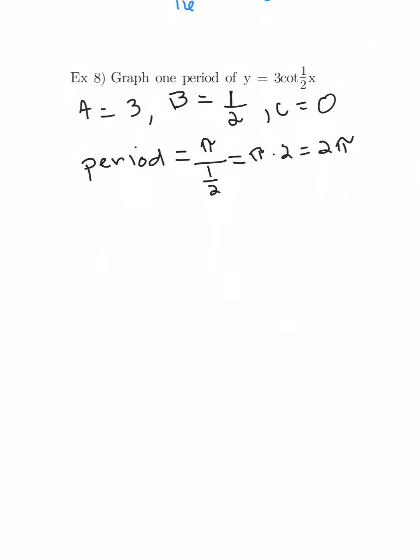So our new period length for this cotangent function will be 2 pi. The increments: take the period length you just found, 2 pi, divide it by 4, so our increment will be pi over 2. No phase shift on this because c is 0.